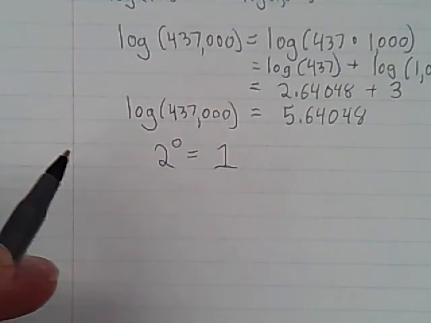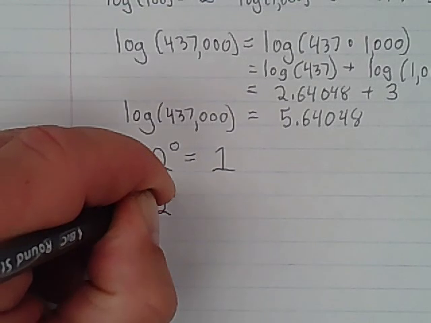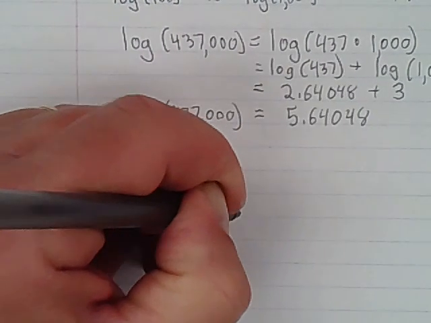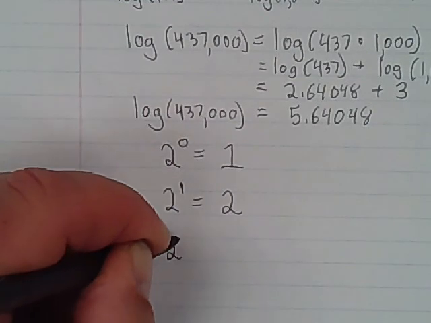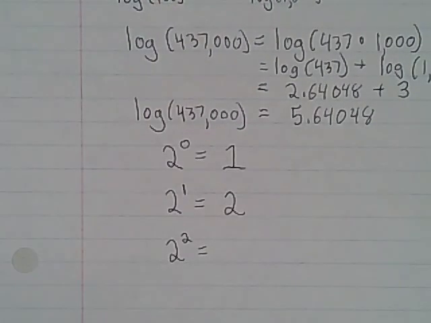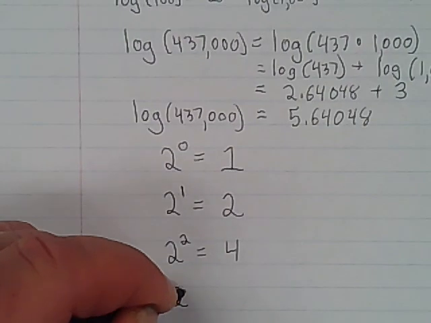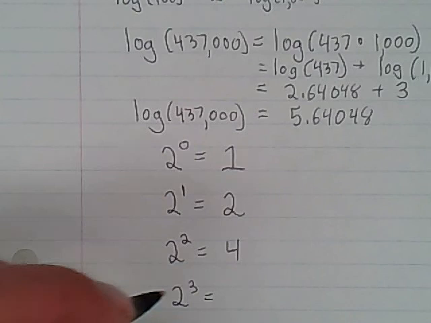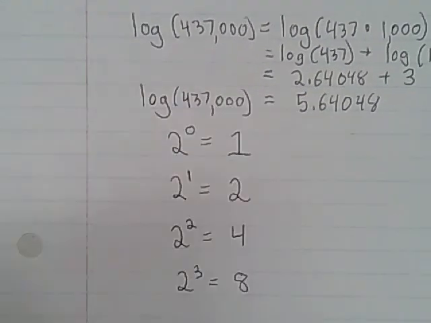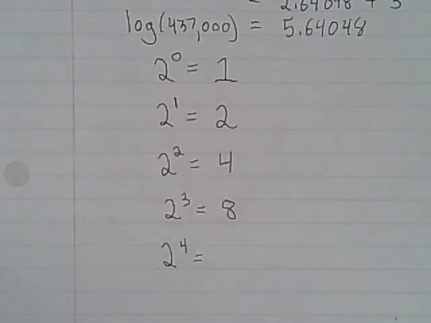Any number other than 0 to the 0 power is 1. 2 to the first power. 2 to the first power is 2. 2 to the second power. 2 to the second power is indeed 4. 2 to the third power. Indeed, 2 to the third power is 8. 2 to the fourth power.